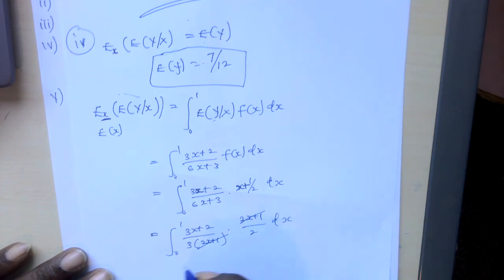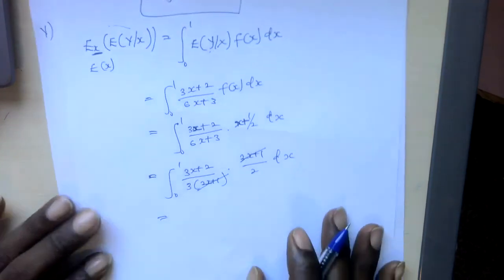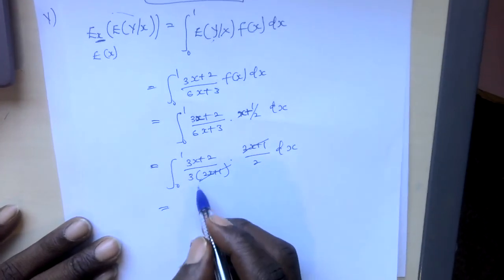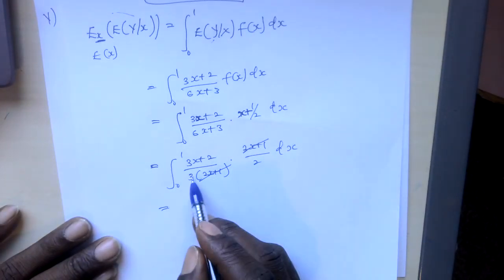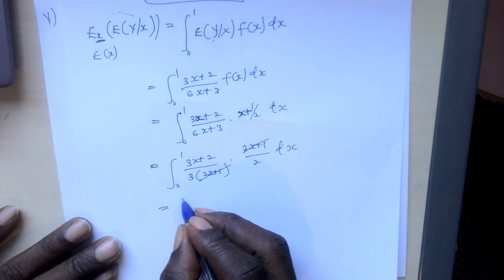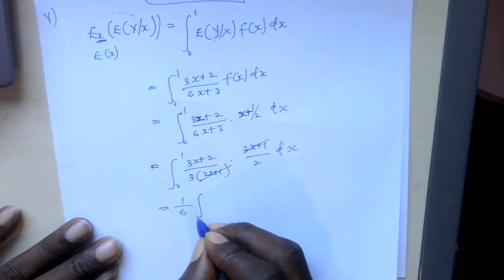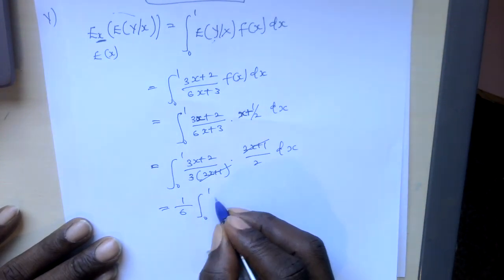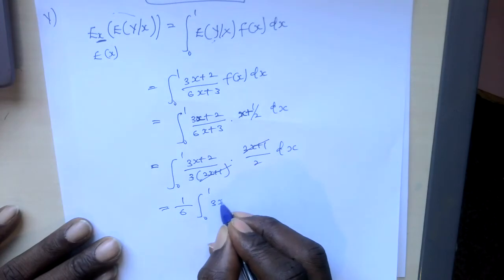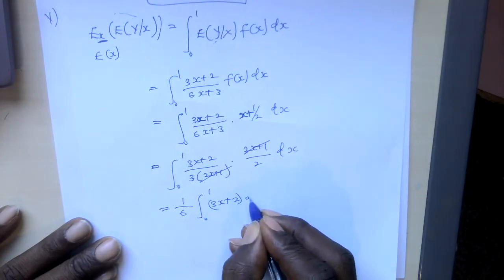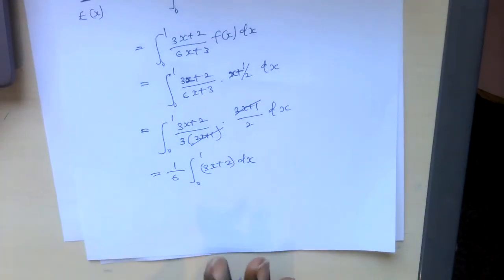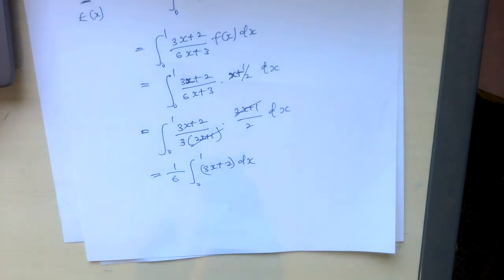This cancels this. We bring this out, so we have 1 over 6 times the integral from 0 to 1 of 3x plus 2 dx. So we've simplified it to this term.